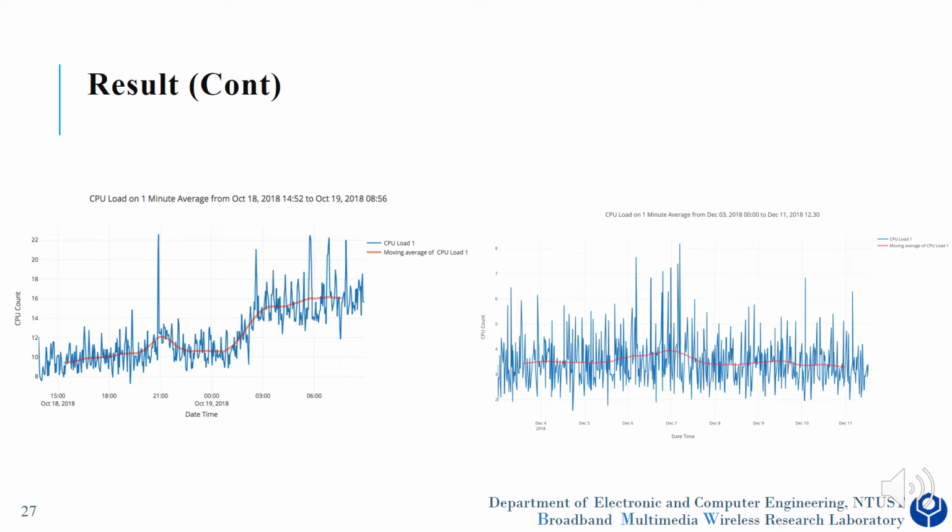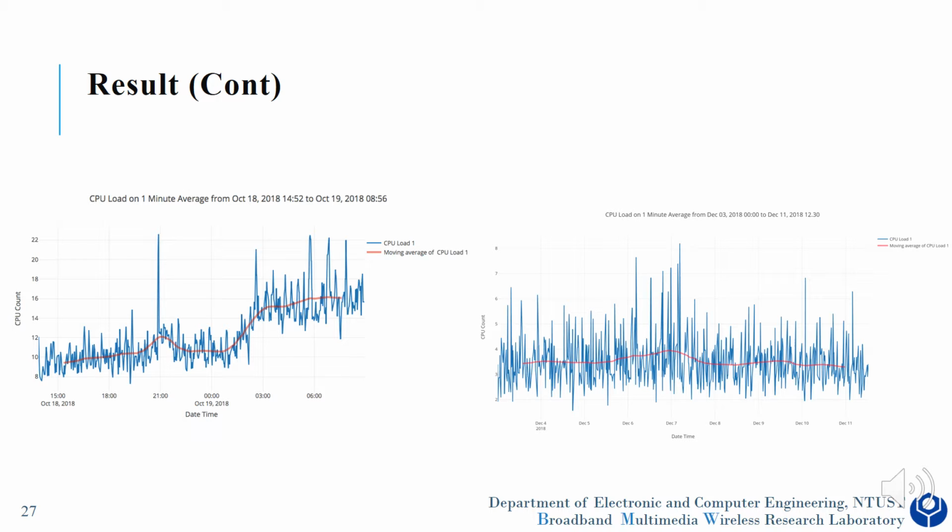As a result, these two are graphs of the CPU utilization, where the left side is before we use the optimization, and the right side is after using the optimization. The x-axis contains the daytime, the timestamp of the CPU utilization, and the y-axis is the CPU count. CPU count means how many CPUs are occupied when the system runs.